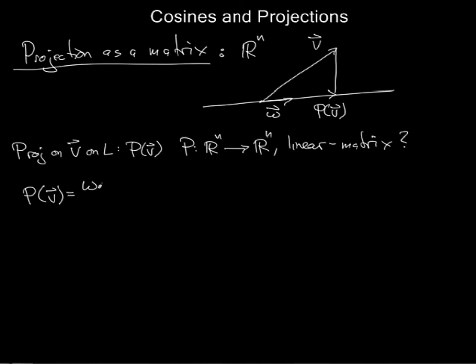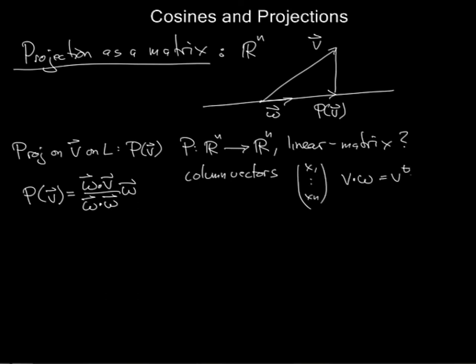Well, I have a formula for P of v. It's w dot v over w dot w times w. And now it's convenient to write our vectors as column vectors and use the transpose business instead of the dot product. V dot w is v transpose w. So we get w transpose v over w transpose w.